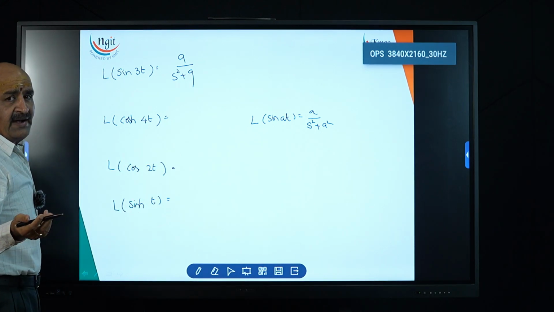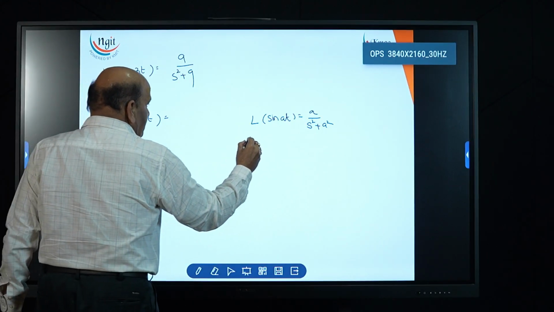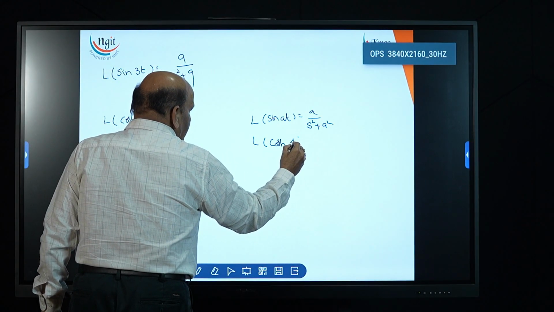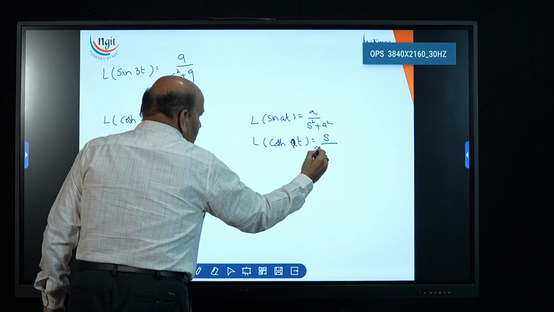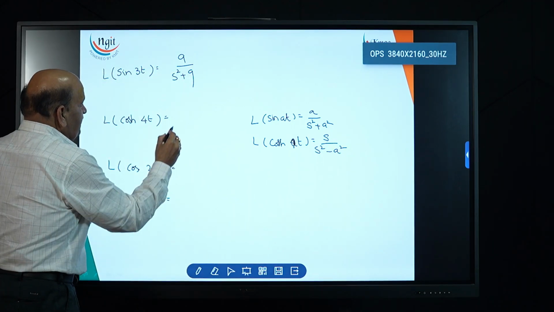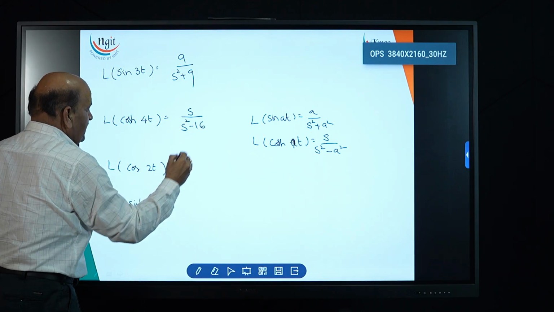Only direct application of the formula. Now cos h 4t. What is the Laplace transformation of cos h at? Because it is hyperbolic, s by s square minus a square. So this is s by s square minus 4 square, which means 16.